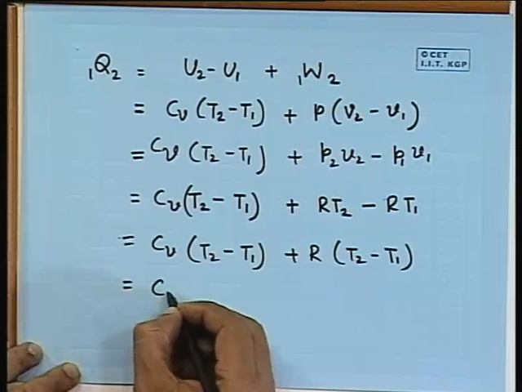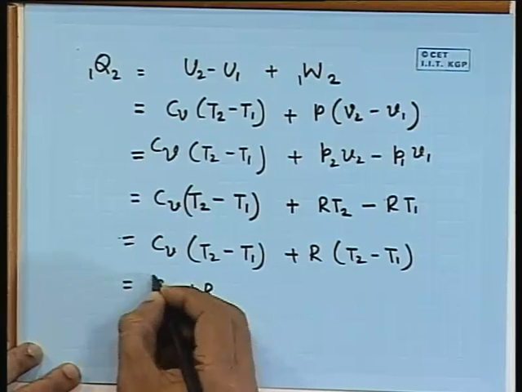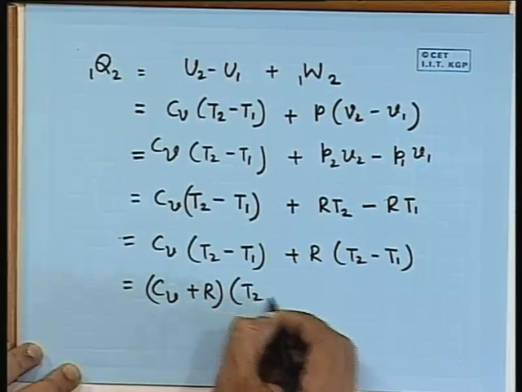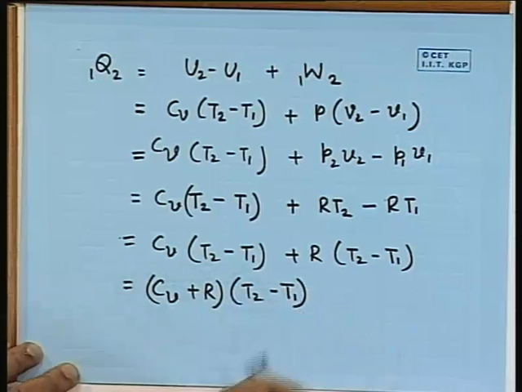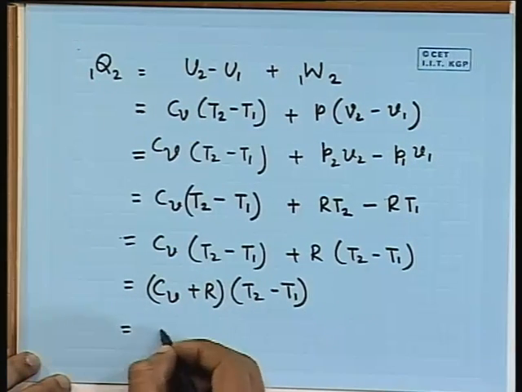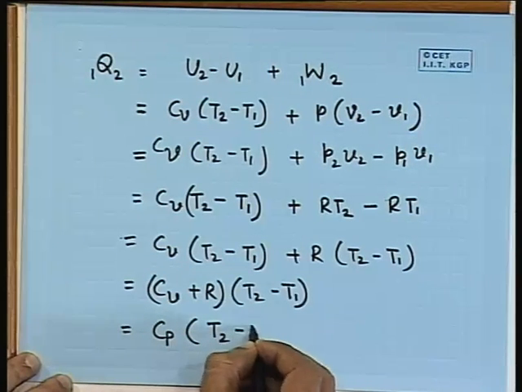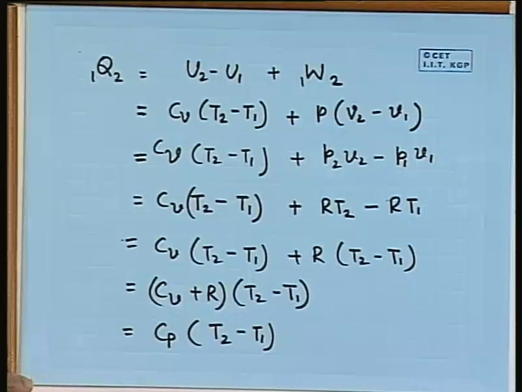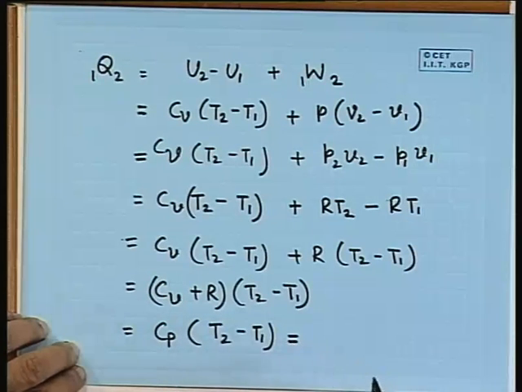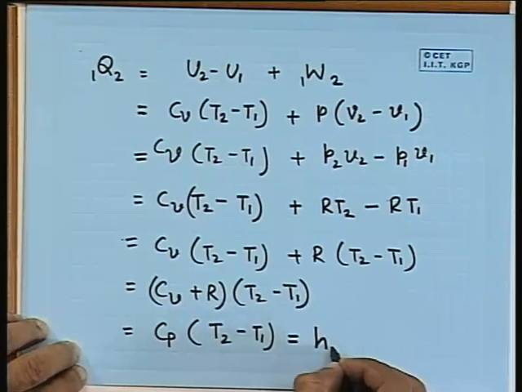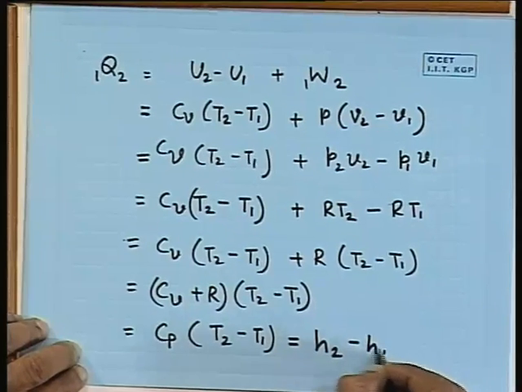So, this is (Cv plus R) (T2 minus T1). This quantity is nothing but Cp. So, basically it is Cp (T2 minus T1), or one can write it in terms of enthalpy. This is H2 minus H1.